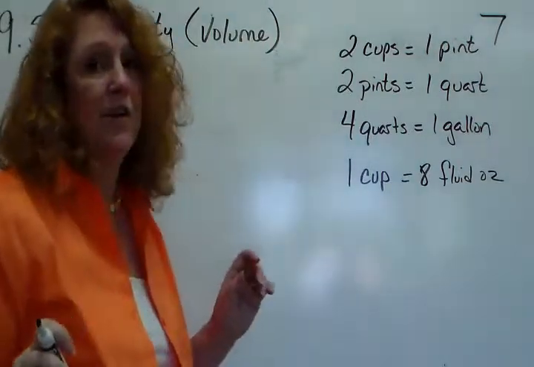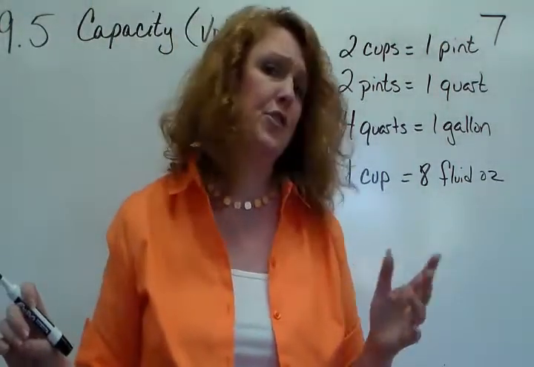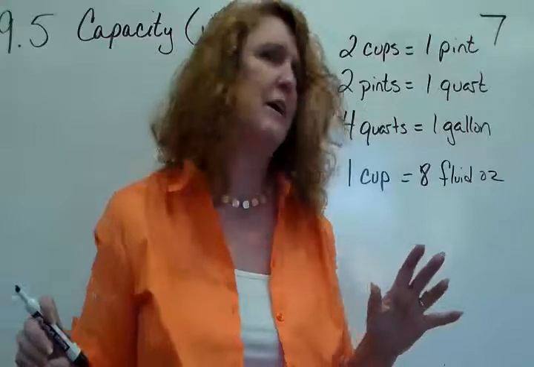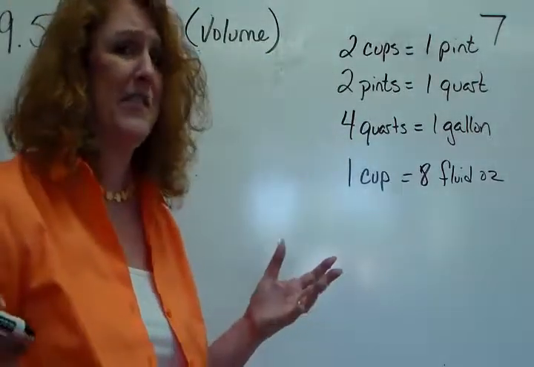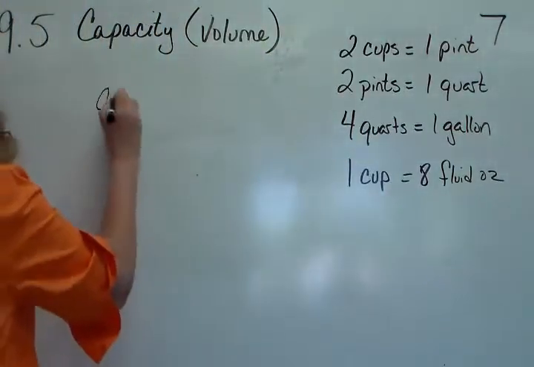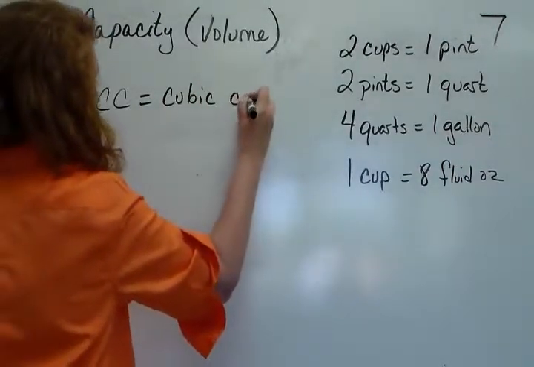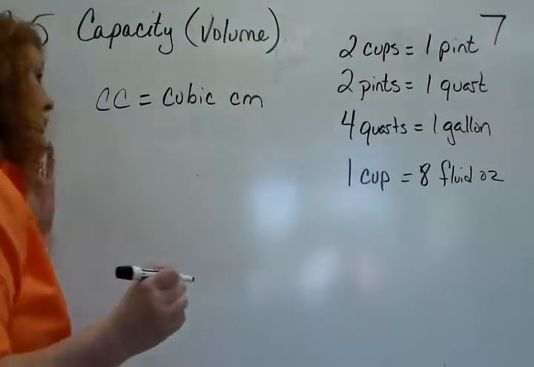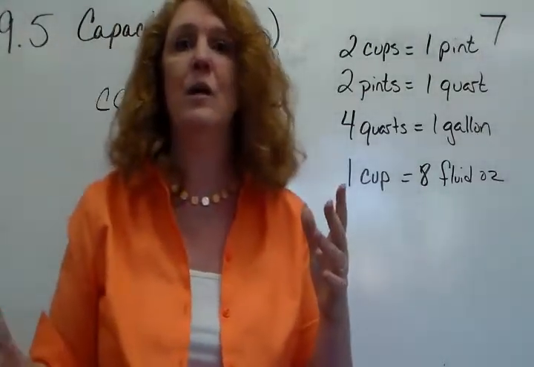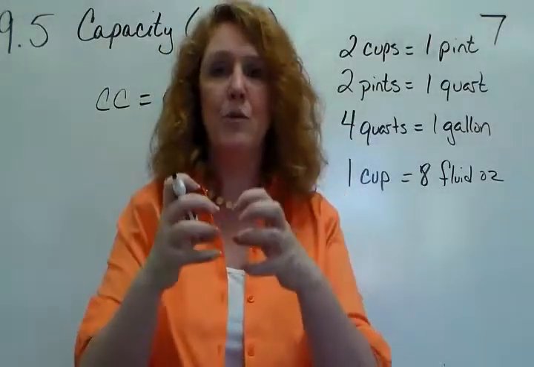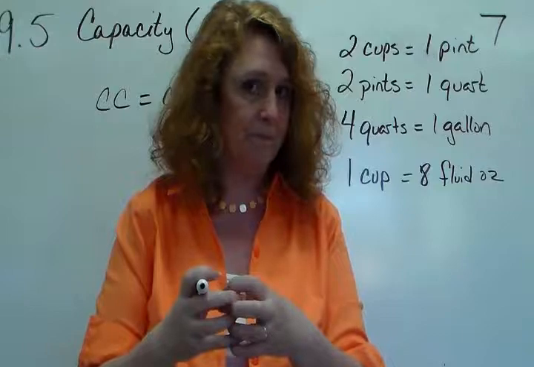And you might have heard this on hospital TV shows, where they give them 3 cc's of stuff. So a cc is a cubic centimeter. So here you need to understand how all the metric units fit together.